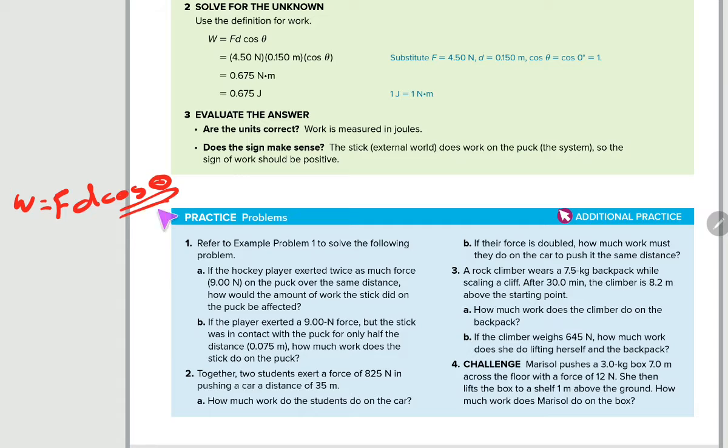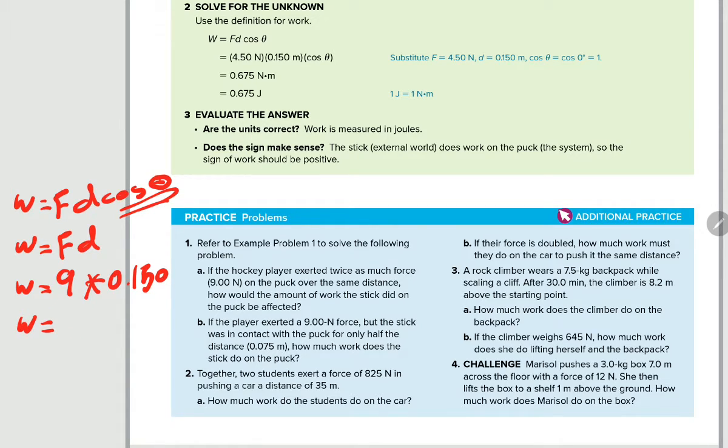Because we already know that cosine theta is equal to 1, our law will be W equal to F d. Now we will write the numbers: F equal to 9 multiplied by d, the distance from the previous question, which is 0.190.